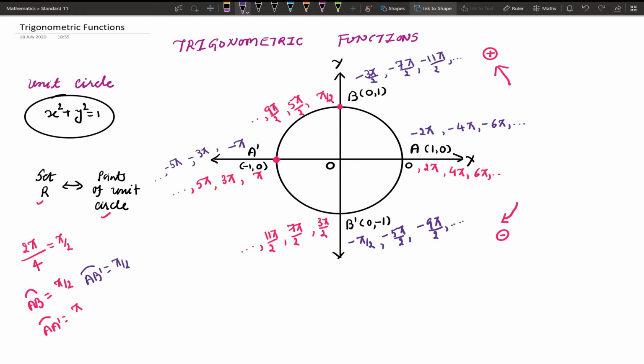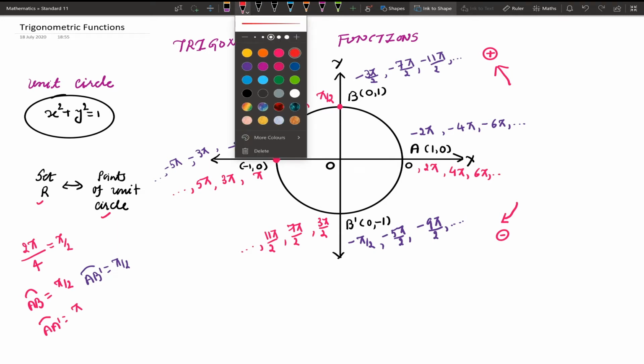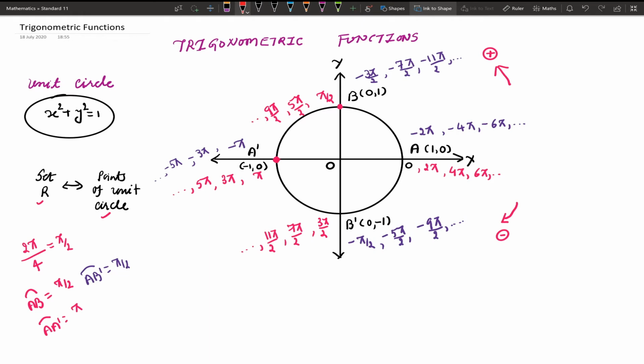Now we take point P. This is point P whose coordinates are (a, b), and the length of chord AP is equal to x, so this angle is x.